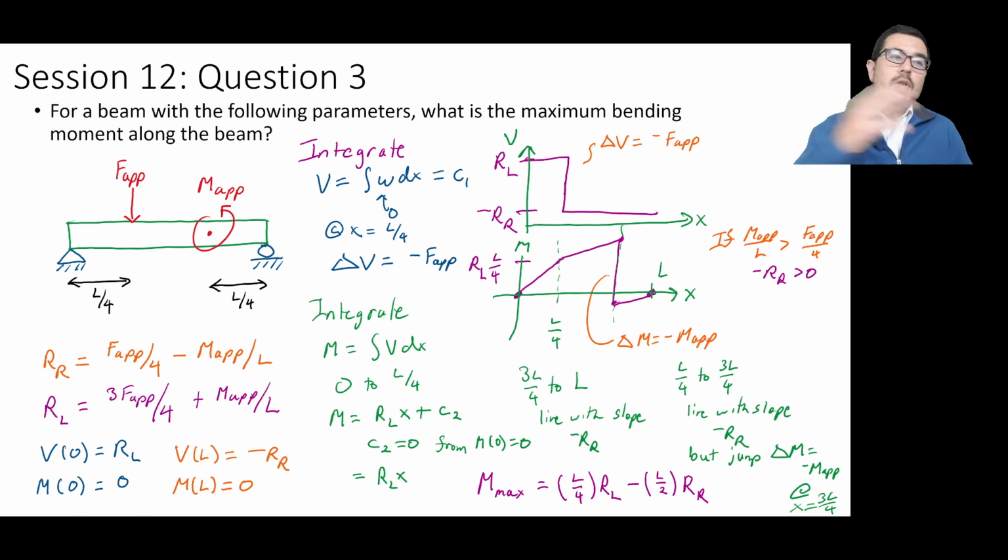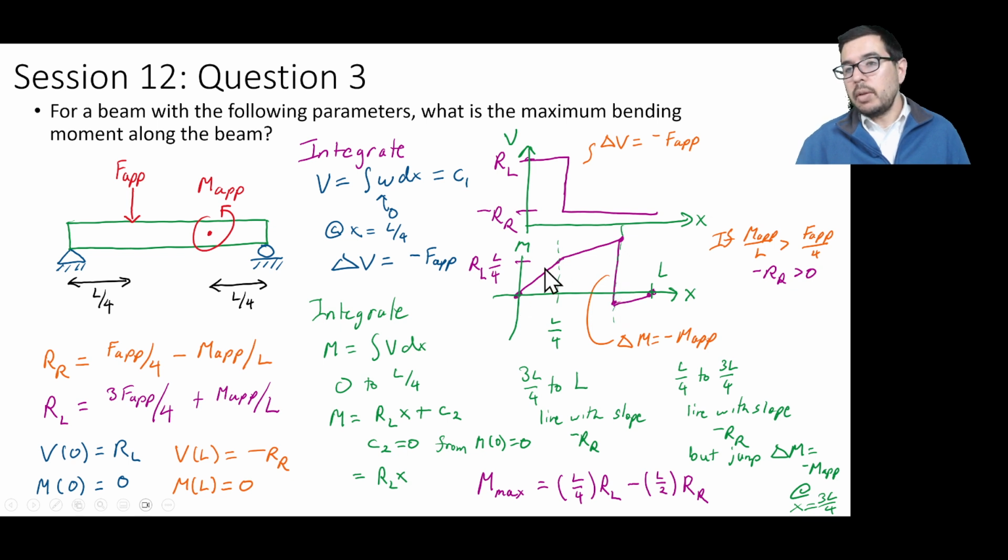In other examples we talked about taking the derivative and setting it equal to 0. That was appropriate when we had this upside down parabola. Here, we don't have a second order system, and what we see is that we have these discontinuities in slope, and an actual discontinuity in the moment at 3L over 4.